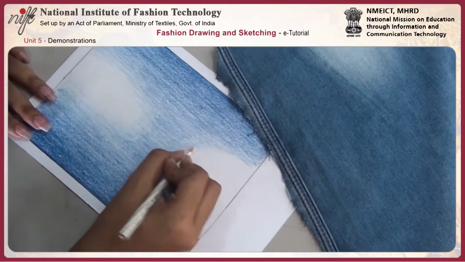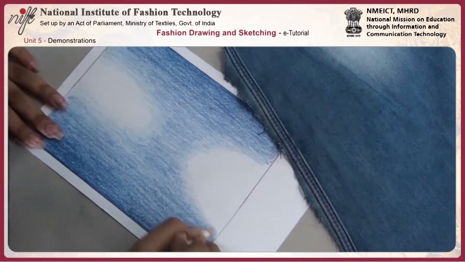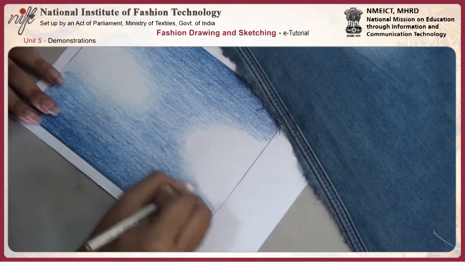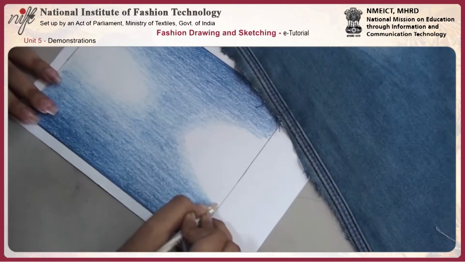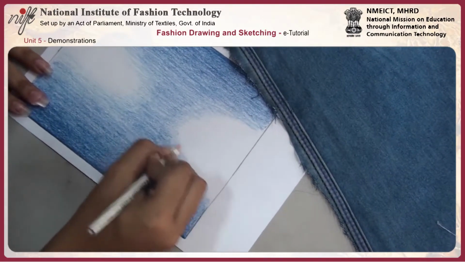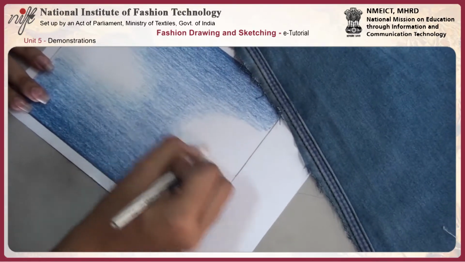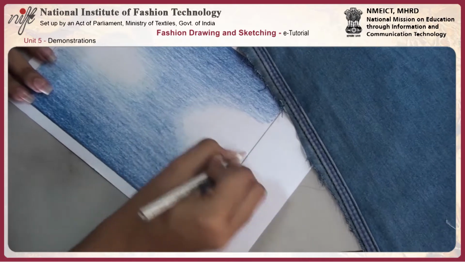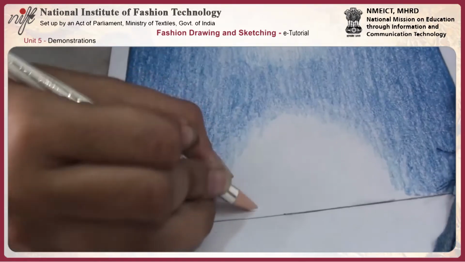This particular fabric has a faded look. So you see a used fabric that has various hues of blue.